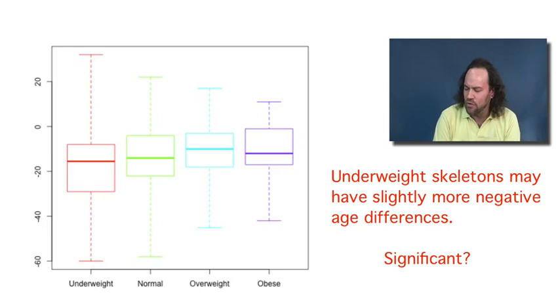For example, we can see that the underweight ones are slightly more negative looking at the box plot. So it suggests that just maybe the differences are slightly more negative for the underweight skeletons as opposed to the other ones. Again, is that a significant change? We'll have to learn about that in subsequent lectures when we get more into the theory.